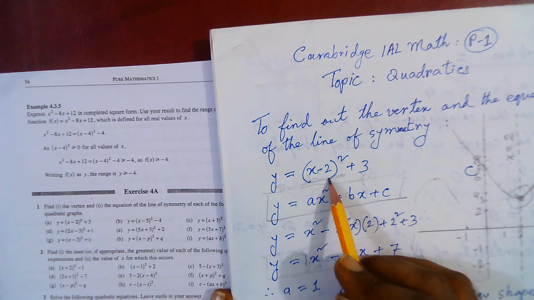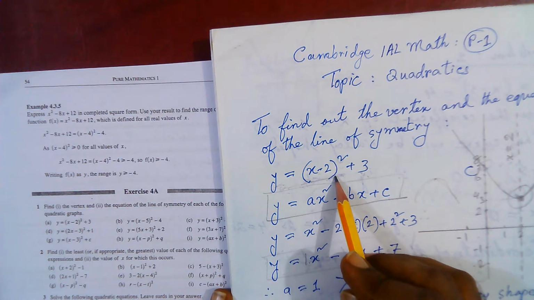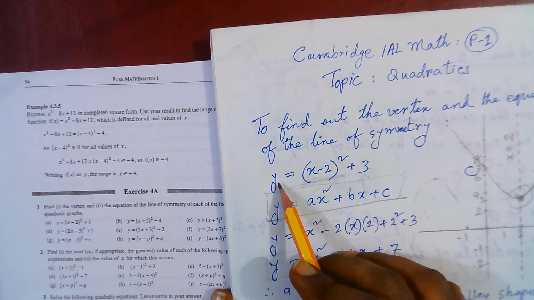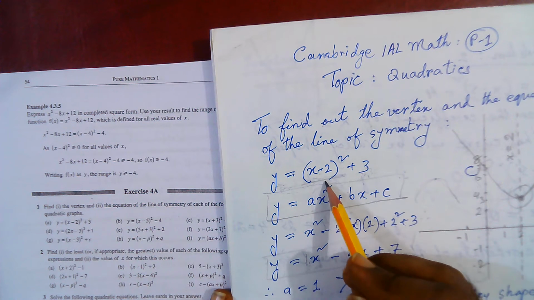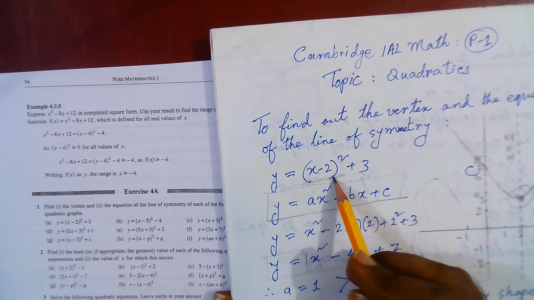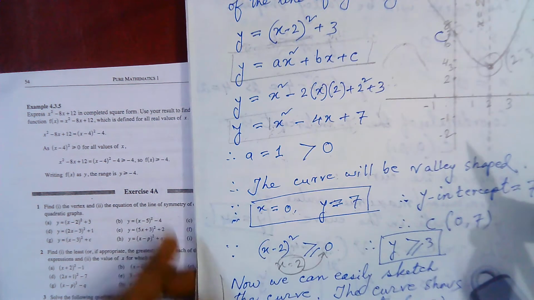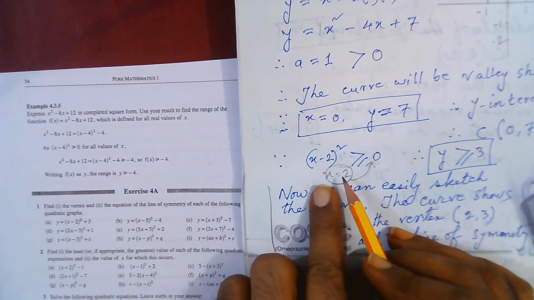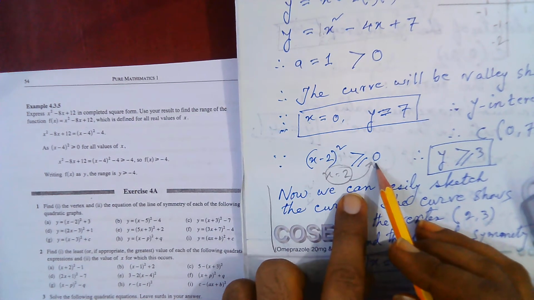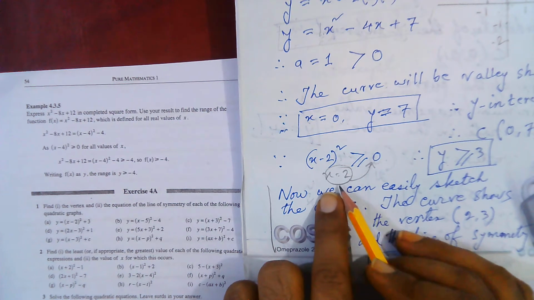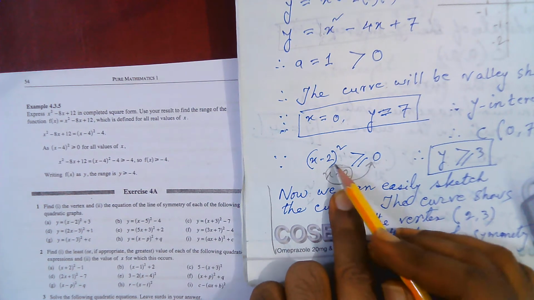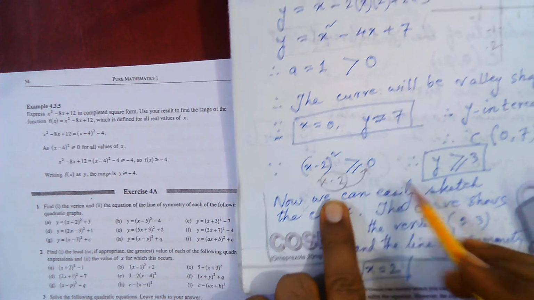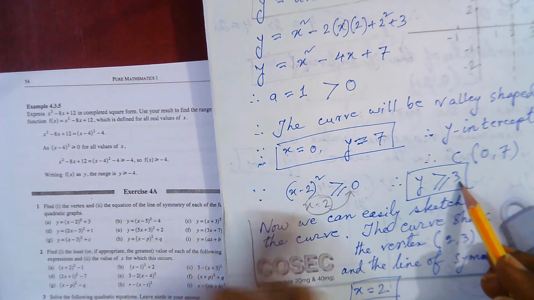If we make this one 0, we can get y minimum point, that is 3. When will we get this value 0? We have shown here (x minus 2) whole squared will be 0 when x will be 2. So if x is 2, then it will be 0 and y will be at least 3.